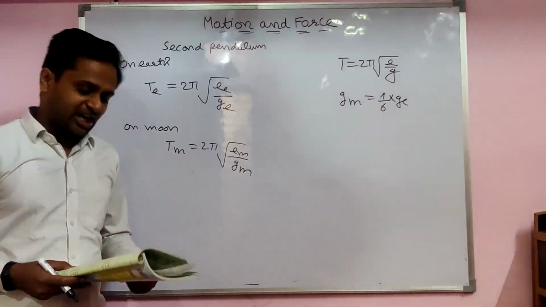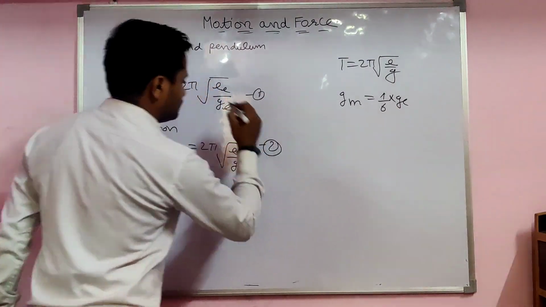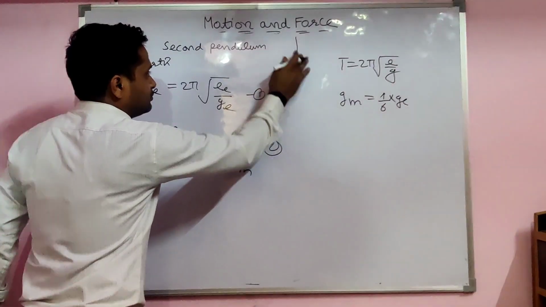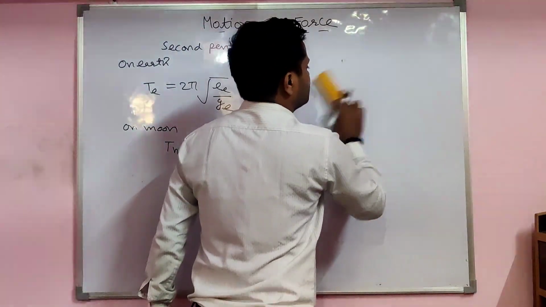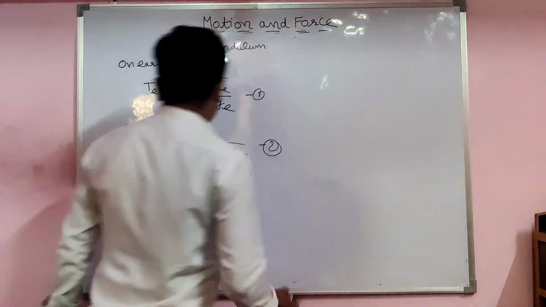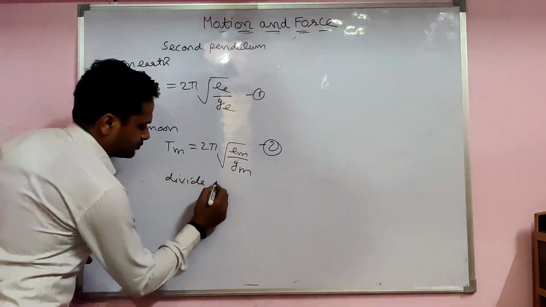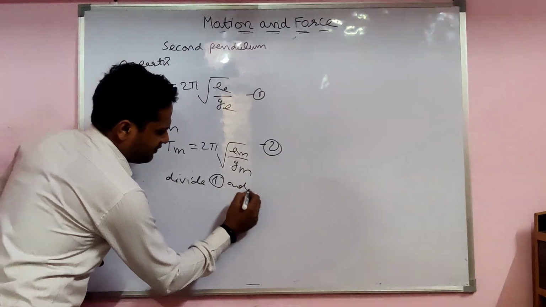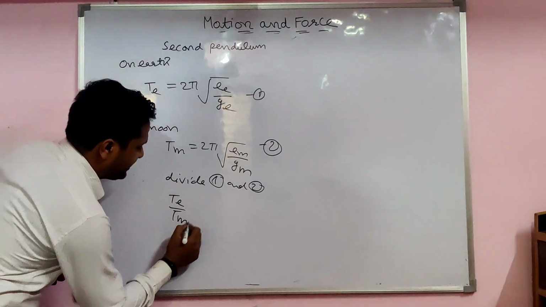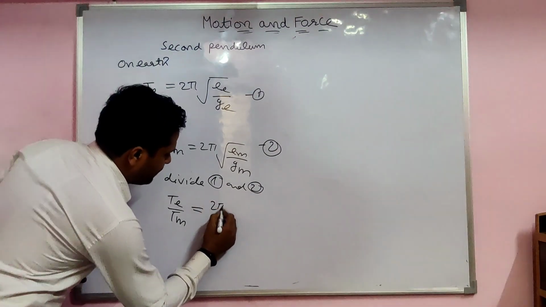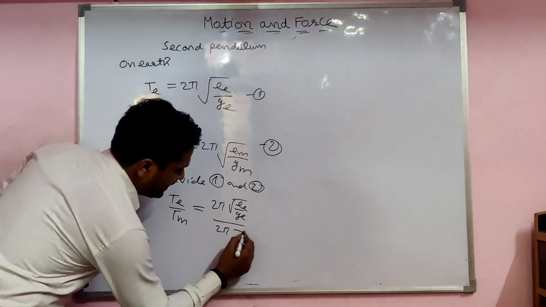Now you have to take the ratio of this one, 1 and 2. Divide equation 1 and 2. So TE upon TM equals 2 pi under root of LE upon GE, over 2 pi under root of LM upon GM.